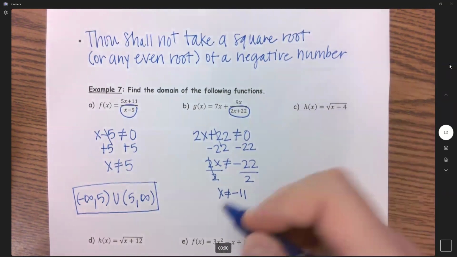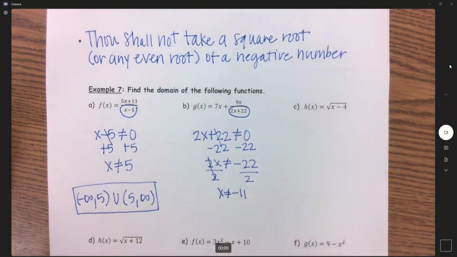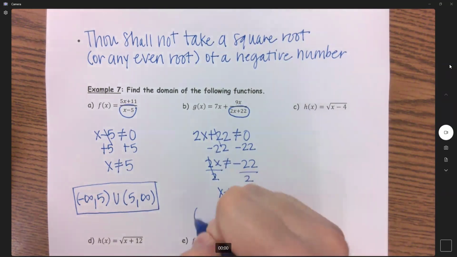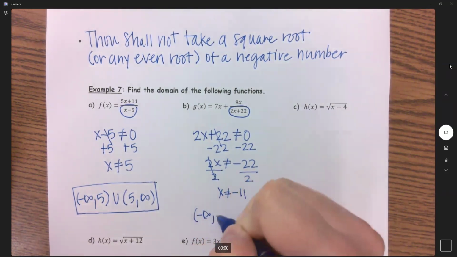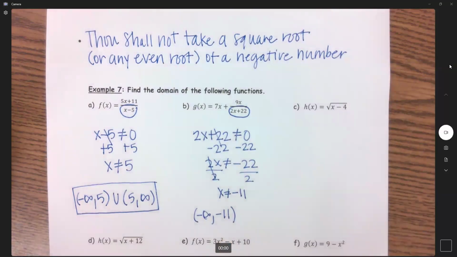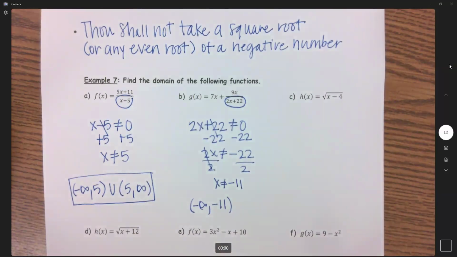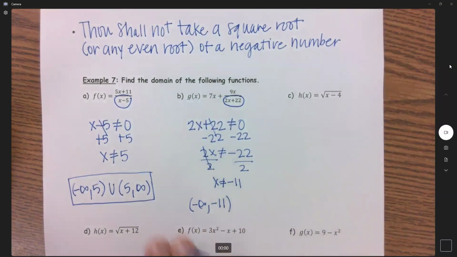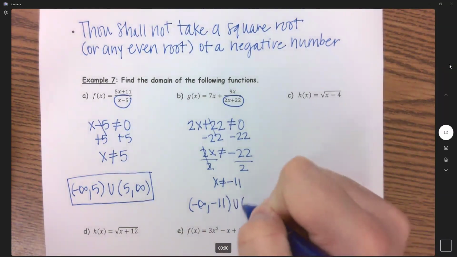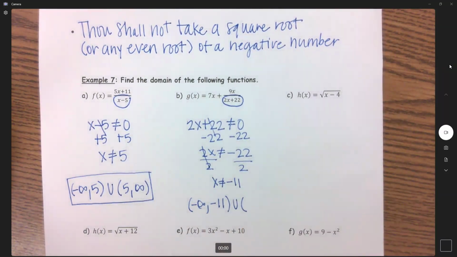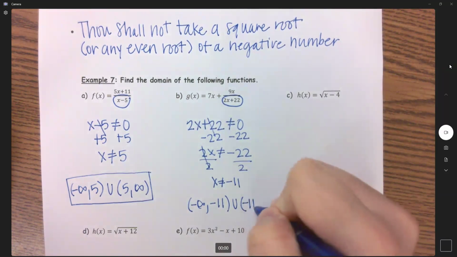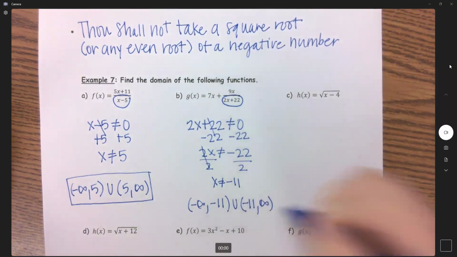So how do I write that in interval notation? We need to talk about every number less than negative 11. So it's negative infinity to negative 11. Every number less than. Then the union, now we need to talk about every number greater than. So negative 11 to positive infinity.